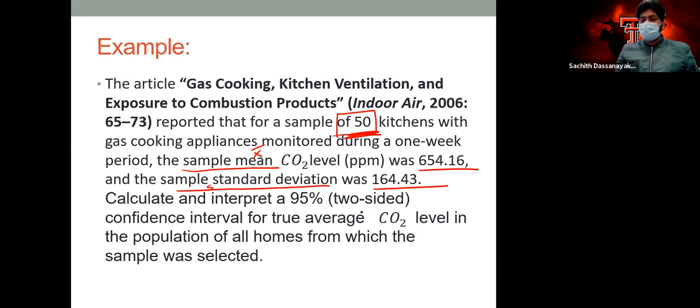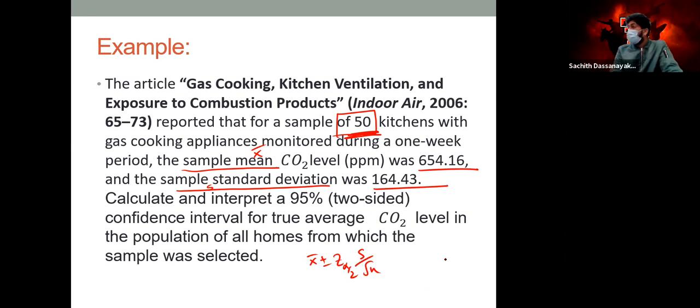So you can plug these values into your equation, X bar plus or minus z alpha over 2 times S over square root of n, and find the confidence interval.